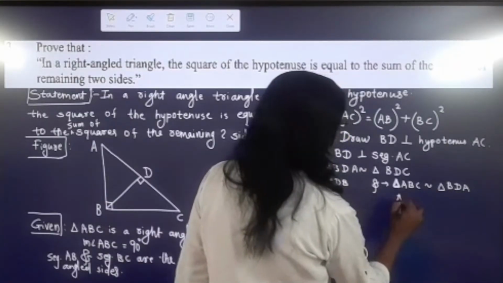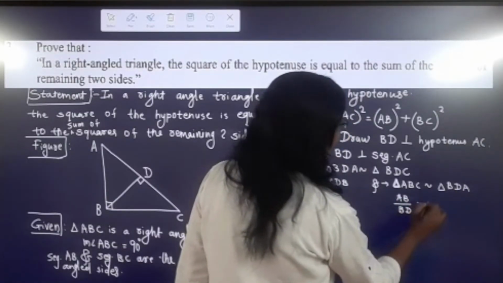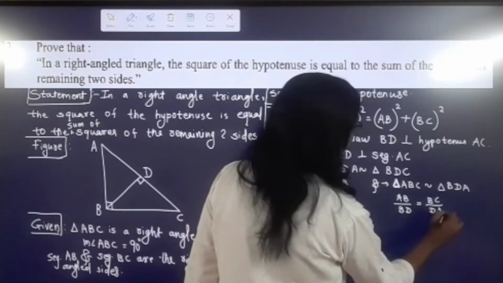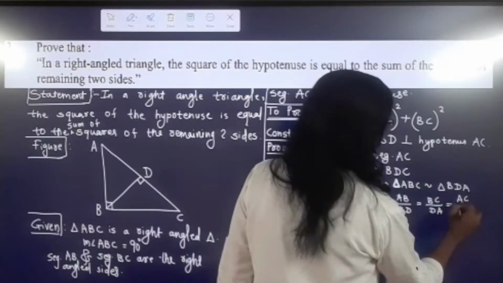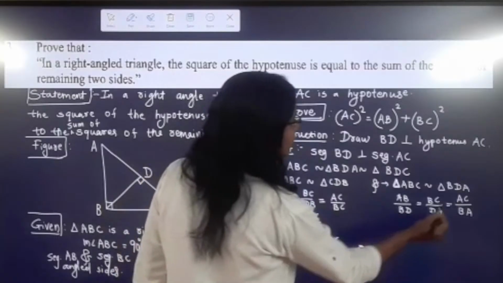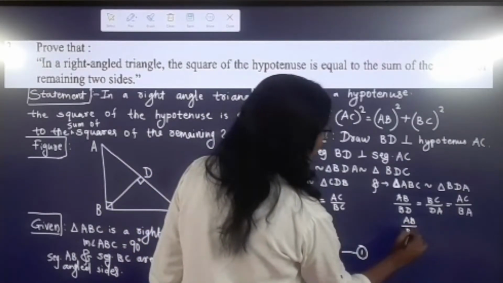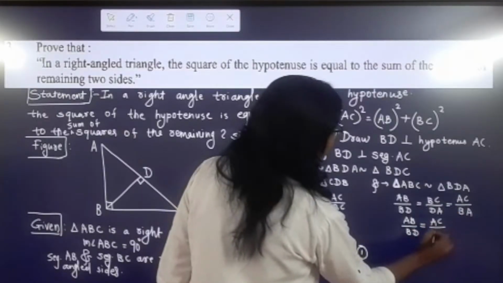Okay, so here AB upon BD is equal to BC upon DA, is equal to AC upon BA. So now here students we take the first one and the third one ratio. AB upon BD is equal to AC upon BA.